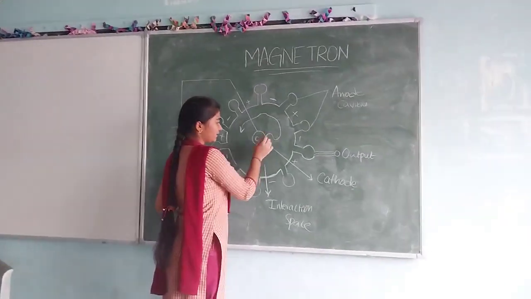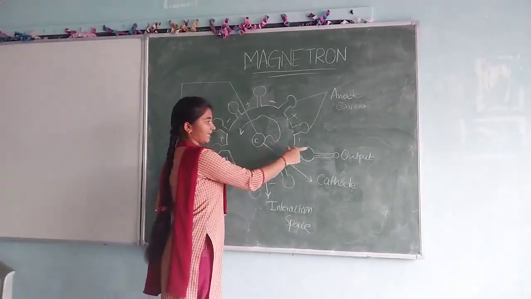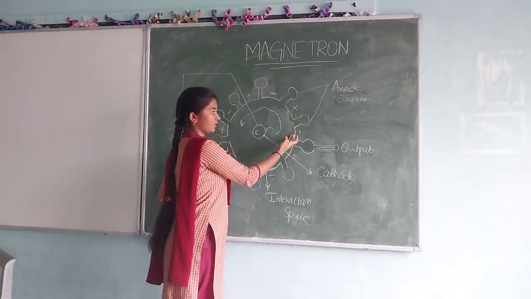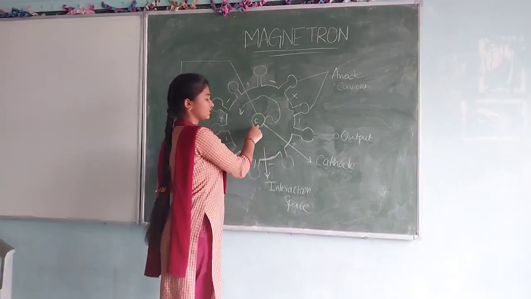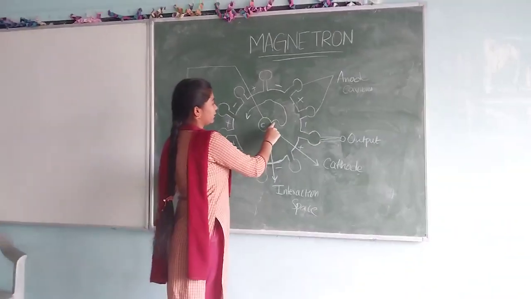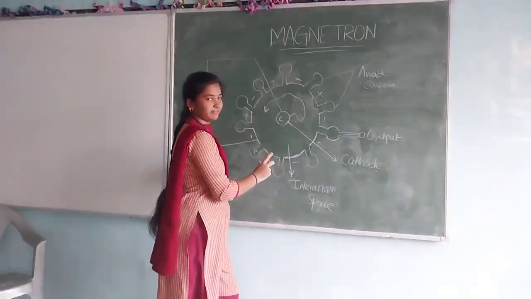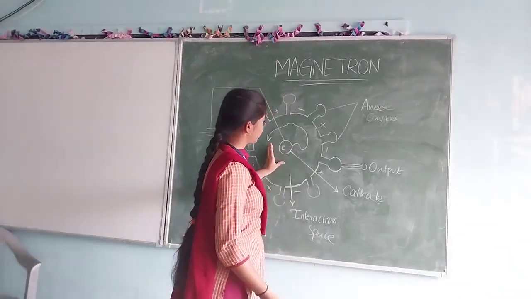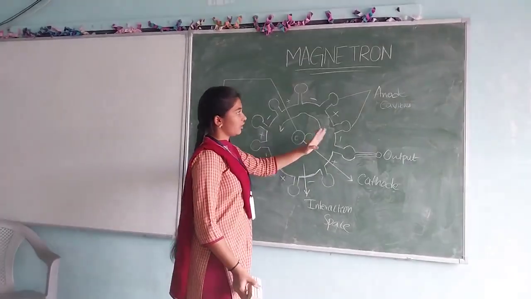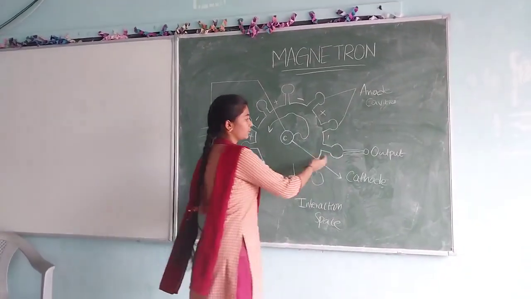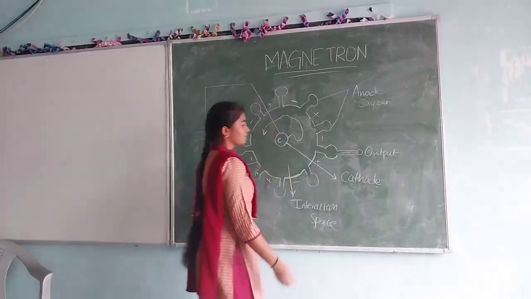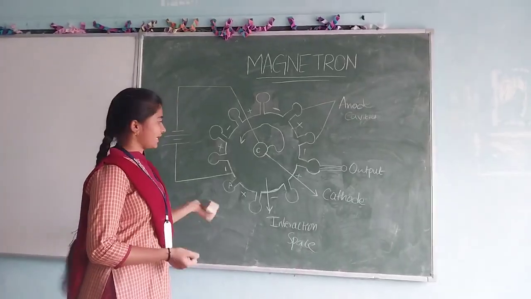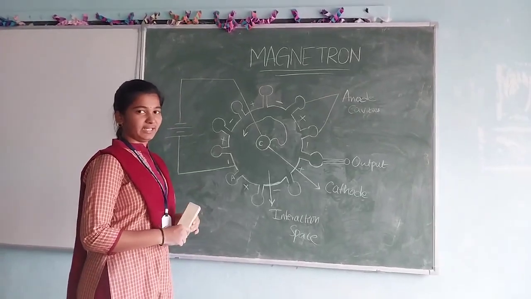So the electric field at the cathode and the magnetic field present in the capacitors or the cavities here will influence the electron. So the electron moves in this space itself. It won't reach the anode. So when the electron released from the cathode does not reach the cavity, the output will not be present. So the output of the magnetron will be 0. This case is known as critical magnetic field.